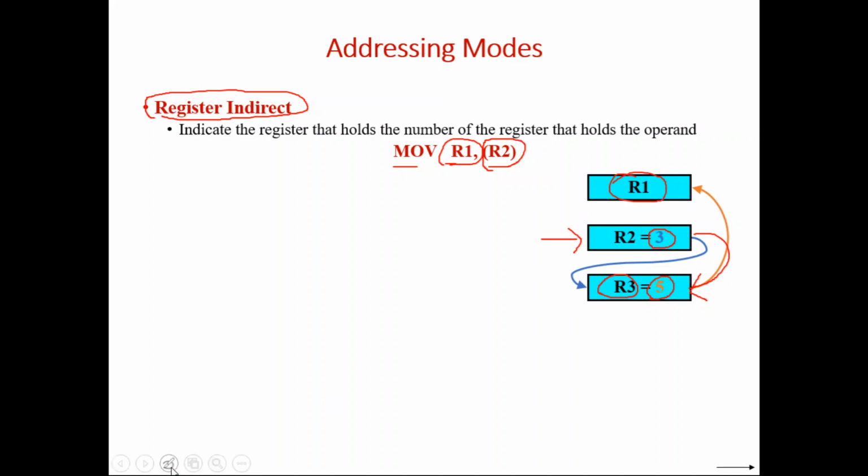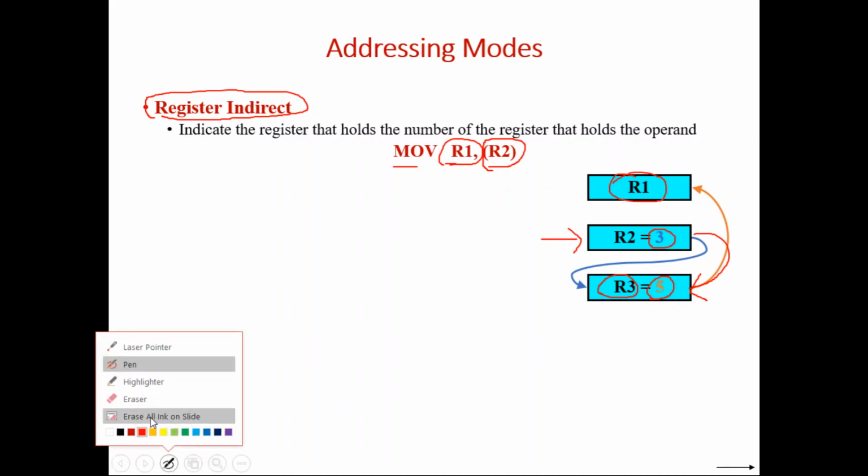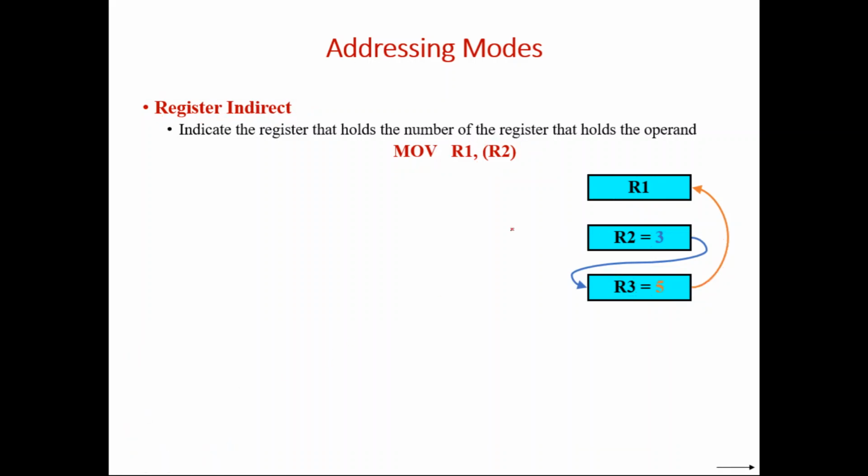Okay. So instead of using register here, we can also use memory. For example, say I am using like this, move, then that memory location will act as a pointer. Move R1 comma, say LOC.